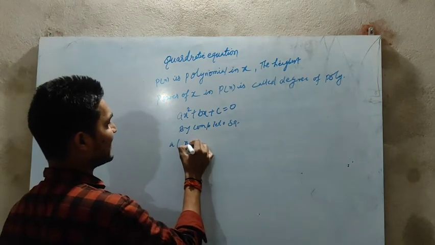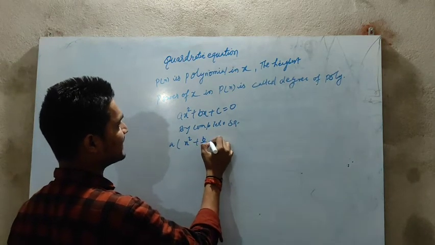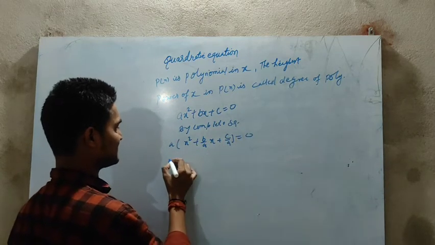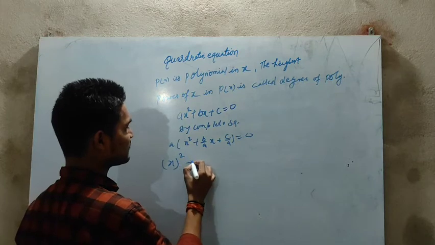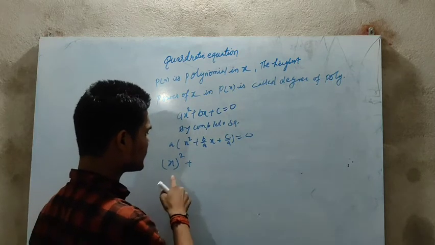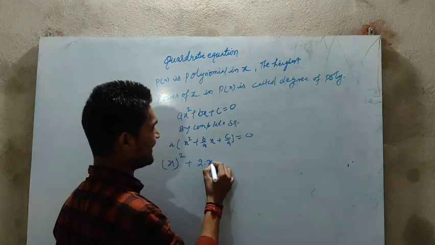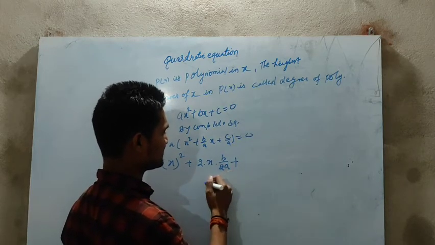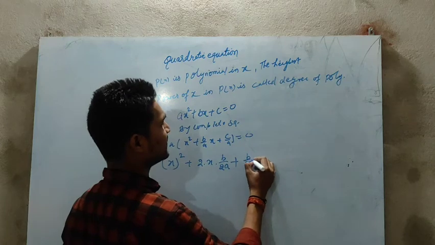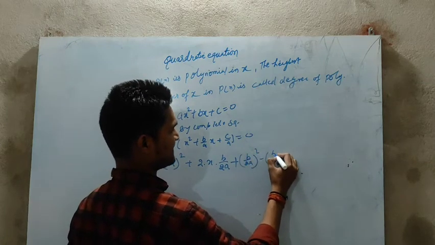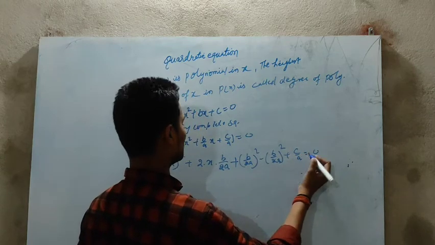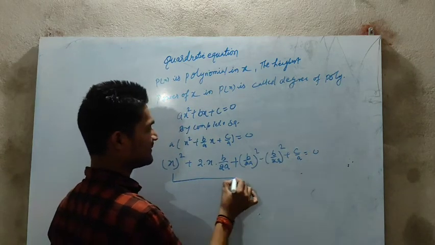Now taking a common: x^2 + (b/a)x + c/a = 0. By completing the square: x^2 + 2·x·(b/2a) + (b/2a)^2 - (b/2a)^2 + c/a = 0.